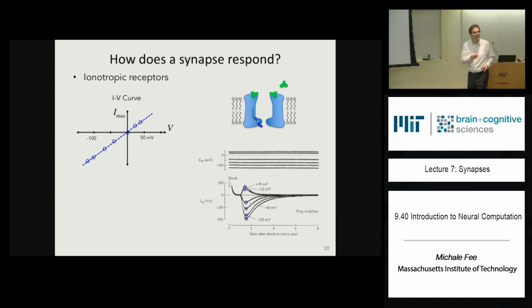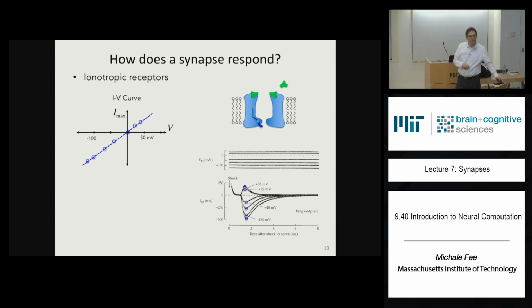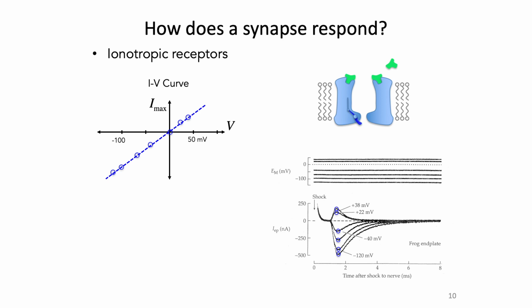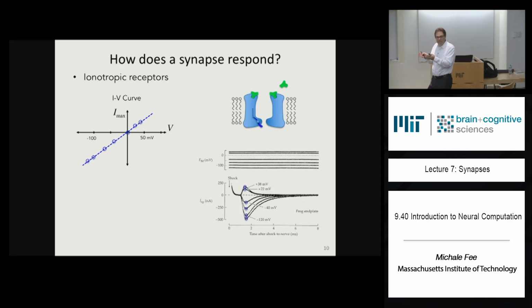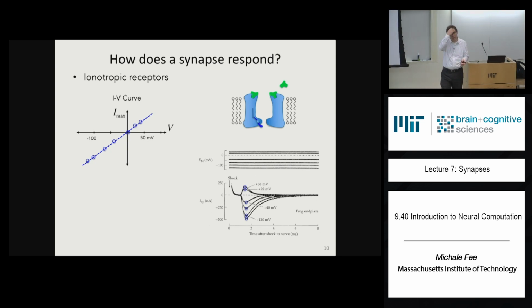But that was only when the voltage was being held. Notice that we're plotting the current as a function of all voltages, and it crosses at 0. There's 0 current at 0 voltage, which happens when you have just a non-selective pore. What does that look like?